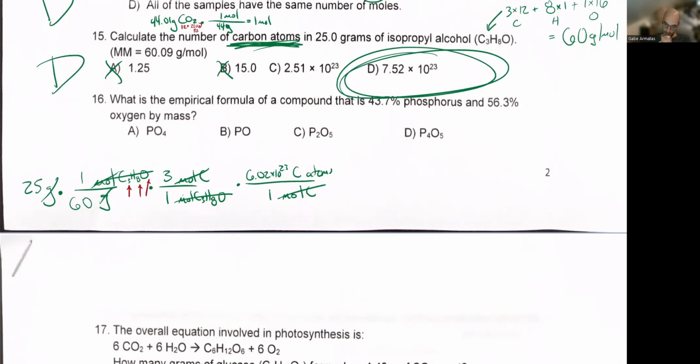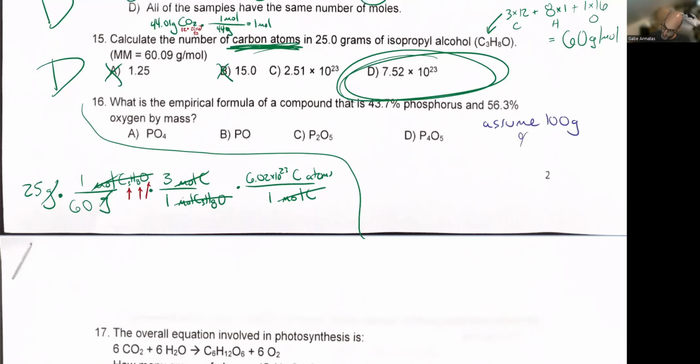All right, next up, what is the empirical formula that is 43.7% phosphorus and 56.3% oxygen by mass? Okay, so first thing we're going to do, we're going to assume 100 grams, because that means a percentage turns into a gram quantity.